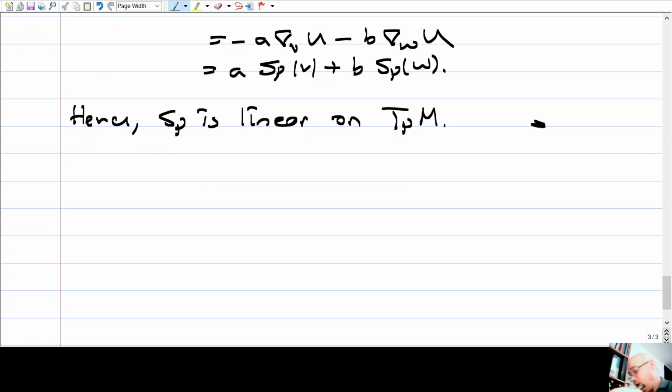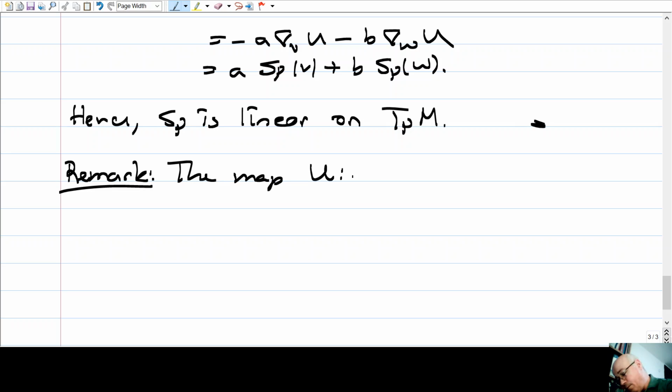We have a remark. The map U from M to S2. What is this map? It assigns each point to a unit normal vector, right?